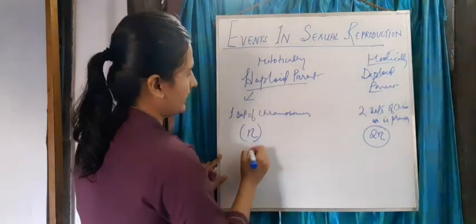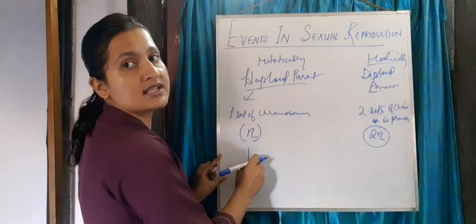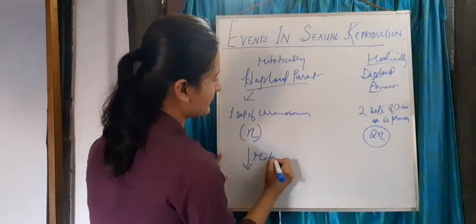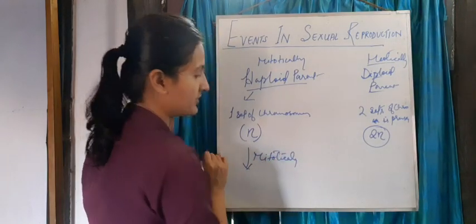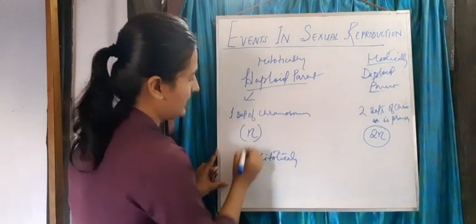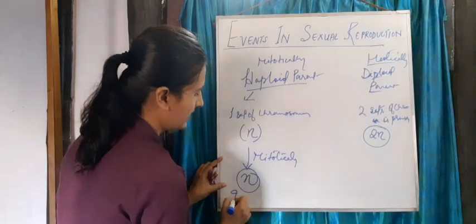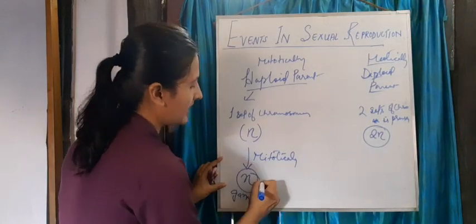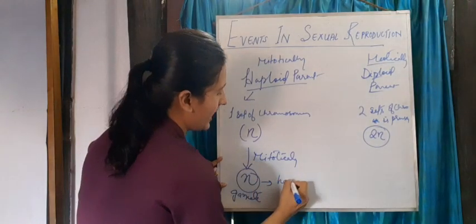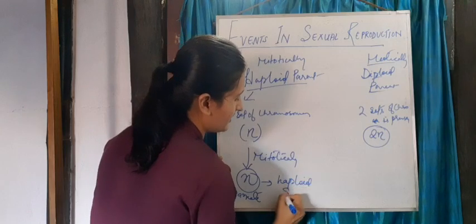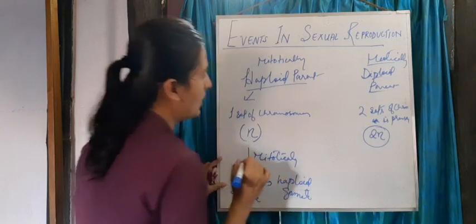The haploid parent, when cell division takes place, it takes place mitotically, mitosis, right? Mitosis cell division gives rise to gametes. They form what? Gametes. And these gametes are called haploid gametes.